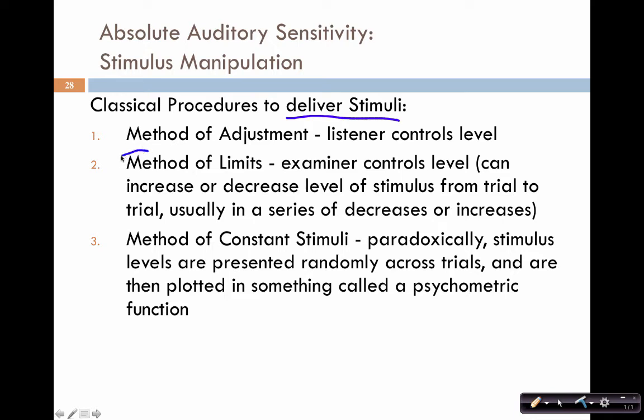However, the method of choice in typical clinical audiometry is something called the method of limits. But we'll go through these others: method of adjustment, method of limits, method of constant stimuli.